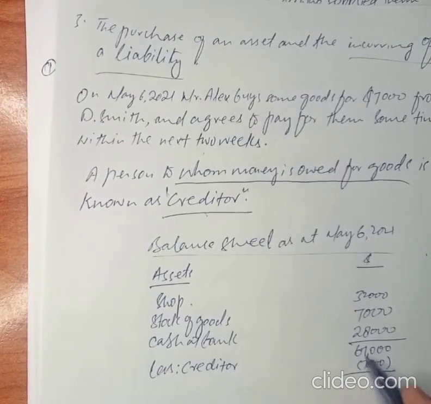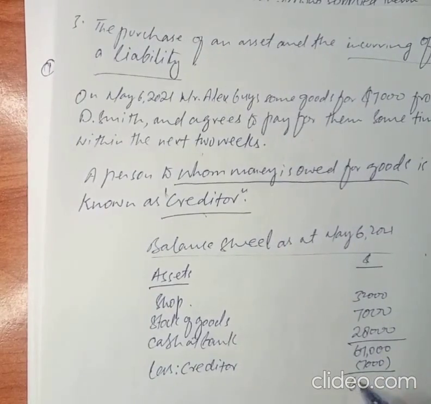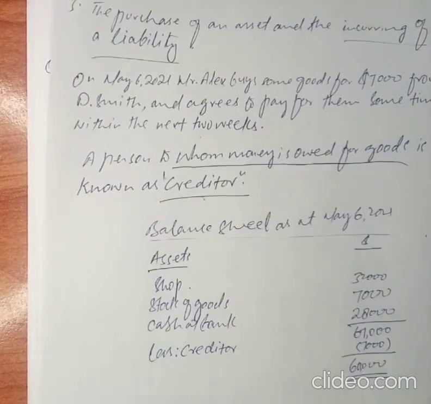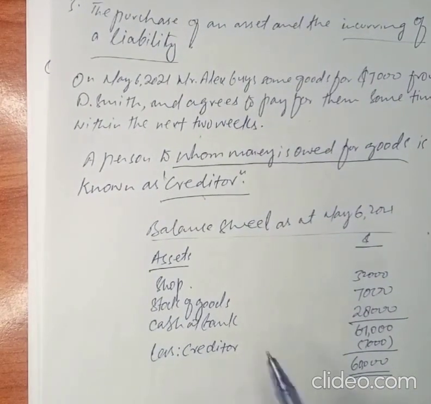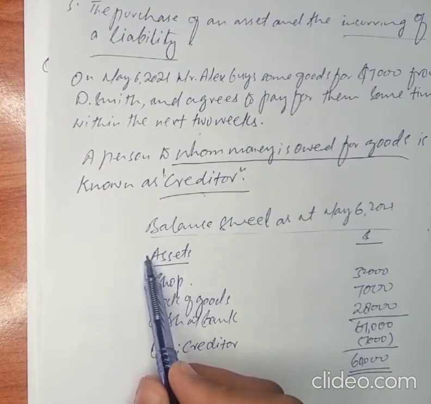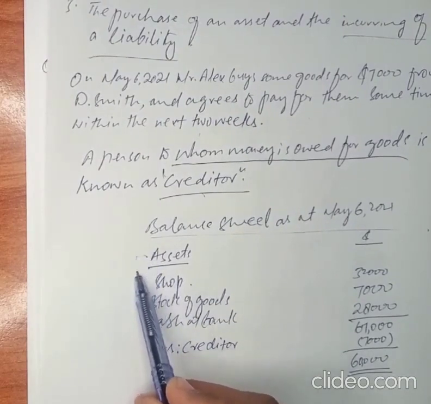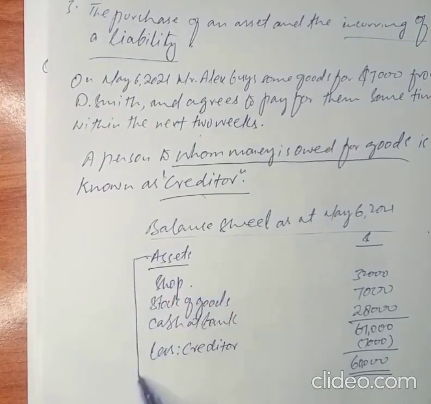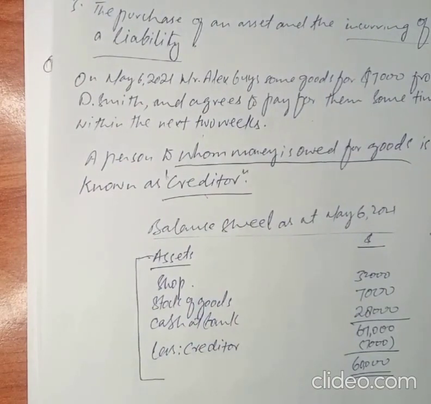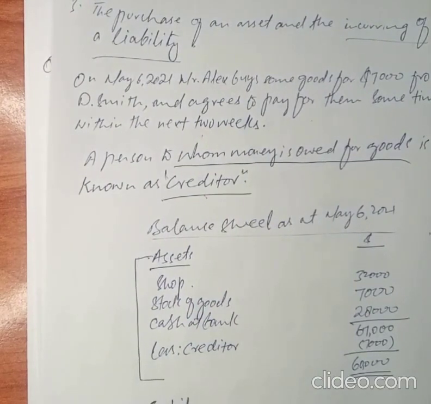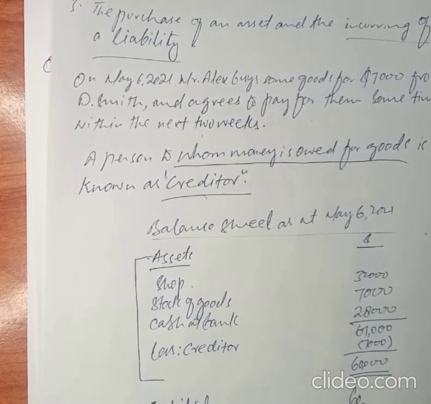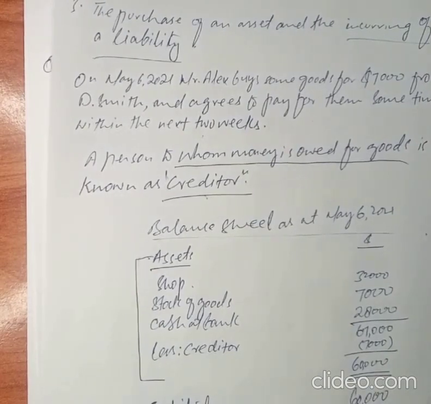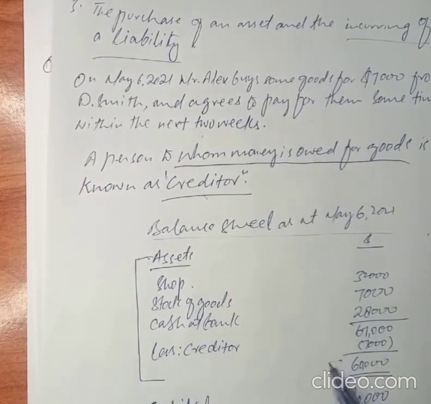The 7,000 will be reduced and it will be $60,000. And after that the capital, there are no changes in the capital to date, so it is the same. So 60,000 equals 60,000.